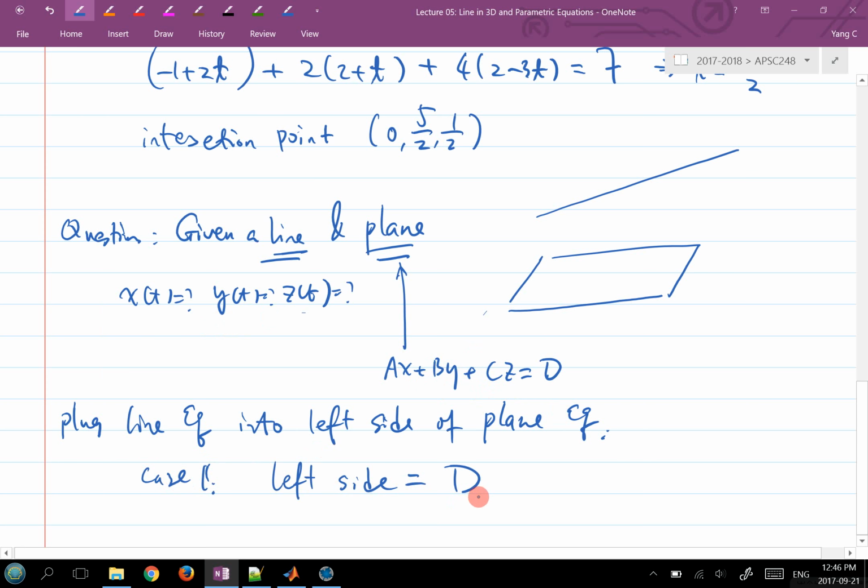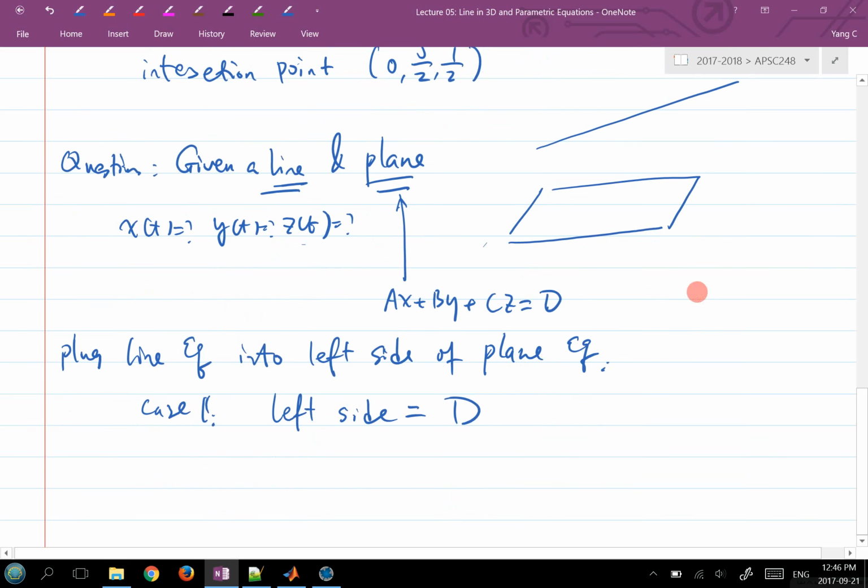The line is on the plane. It represents all the coordinates of the line, so you plug all of them into the plane equation and get the same constant. So the line is on the plane, or in the plane.